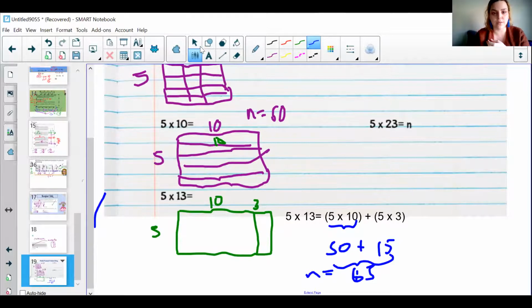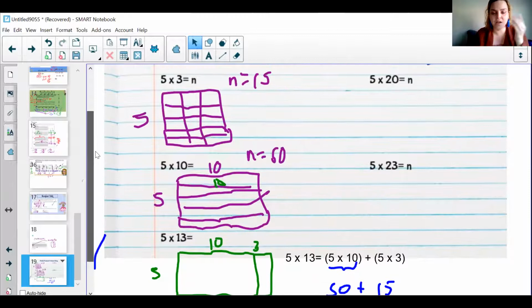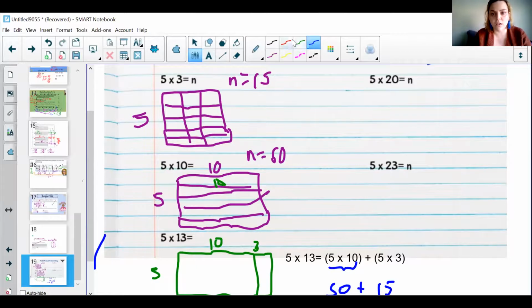Now we're going to do the same with 5 times 20. I already know what 5 times 10 is, so I'm literally just doubling it. Let's do a similar strategy. Again, we're using an area model, an array model to do this.